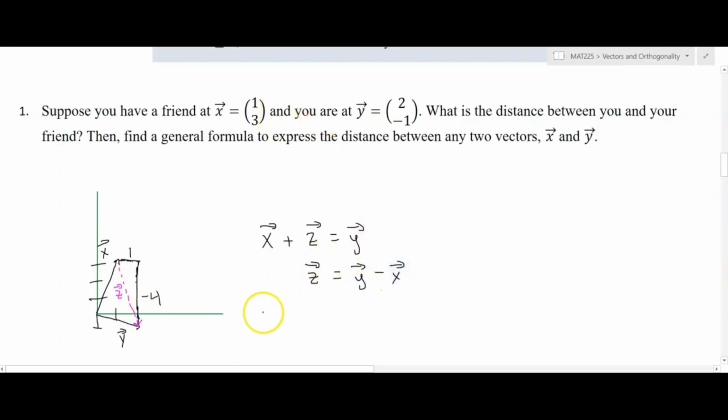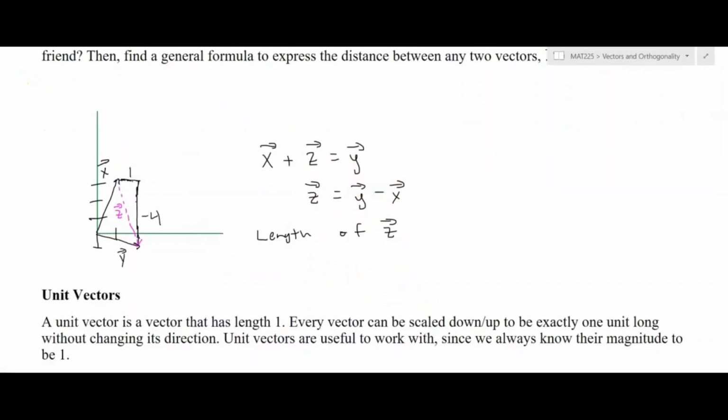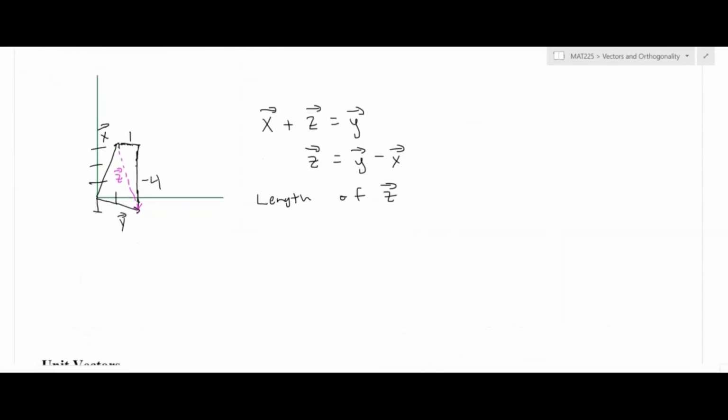Now, since I want the length of z, that's equivalent to saying the length of y minus x. So that's the length of z by the equality, and the length of y minus x is simply the length of the difference between the two vectors.